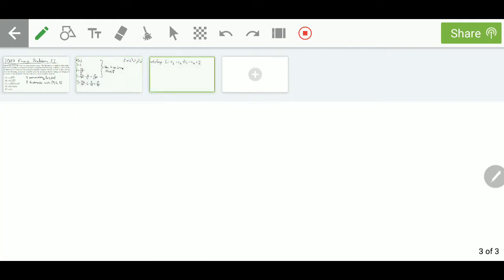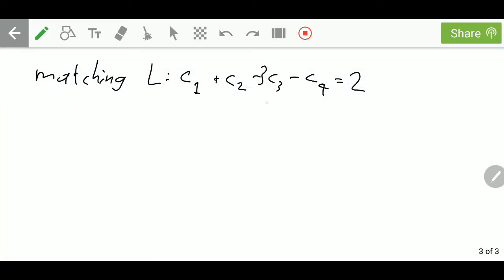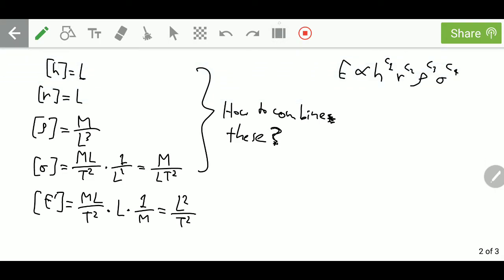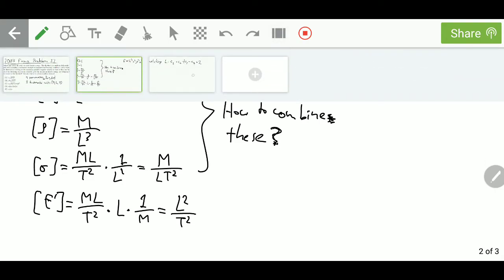Then matching M, we can see rho and sigma each contribute mass, and c3 plus c4 has to equal 0.